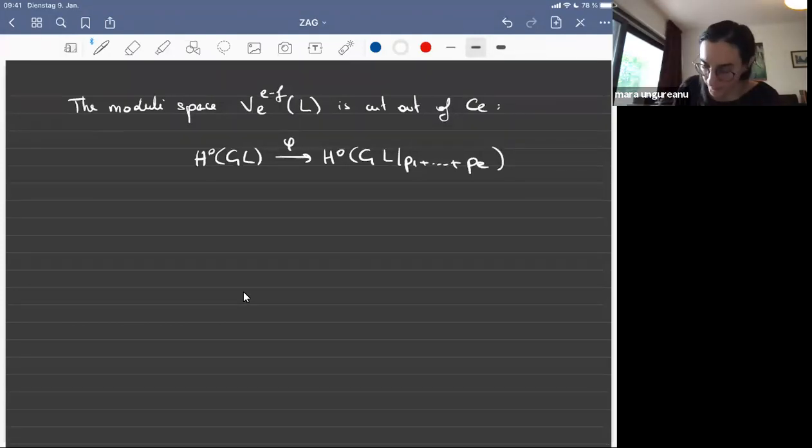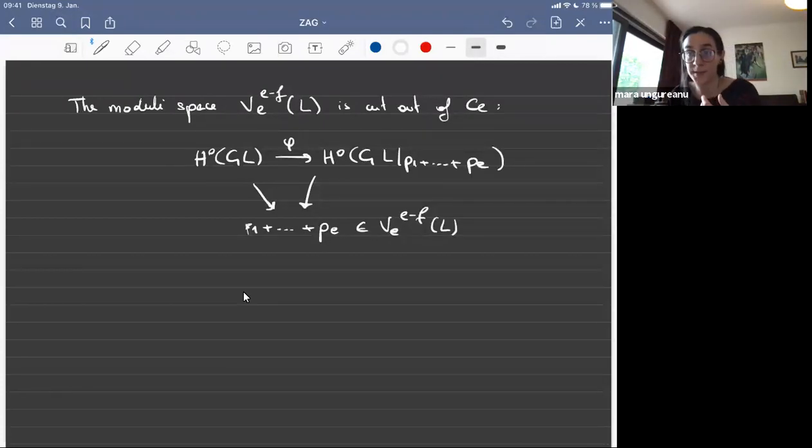Okay. And so now I'm going to foreshadow what I'm going to say by writing things like this. And I'm going to say the following, that such a divisor p_1 up to p_e belongs to this parameter space of e-secant (e minus f minus 1)-planes to a curve C with line bundle L, if and only if the condition that we just had is satisfied.